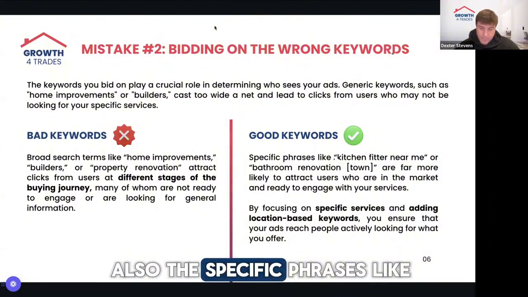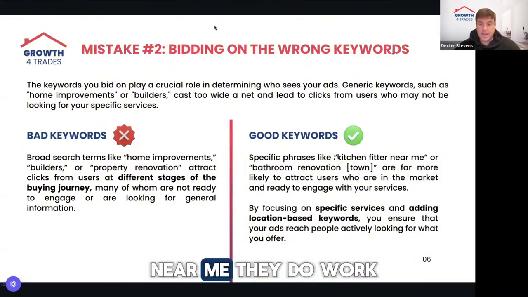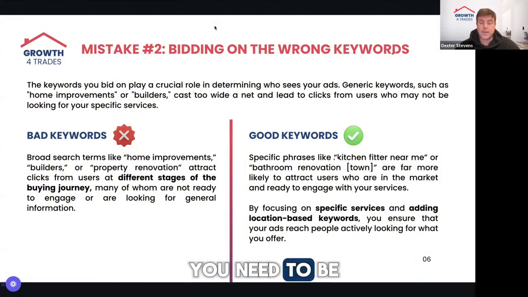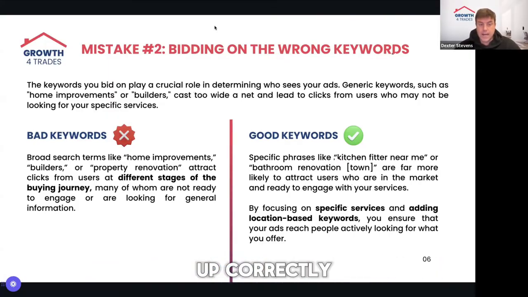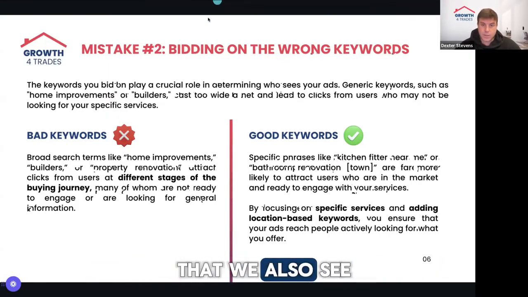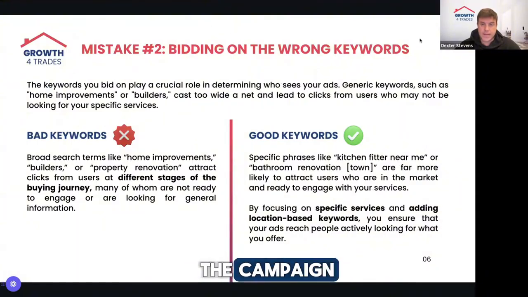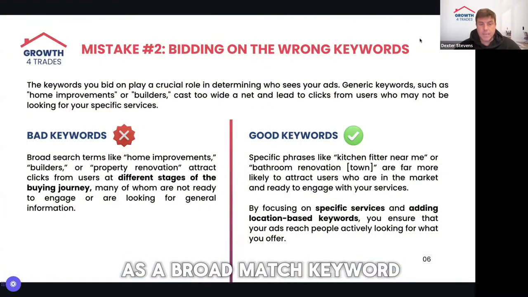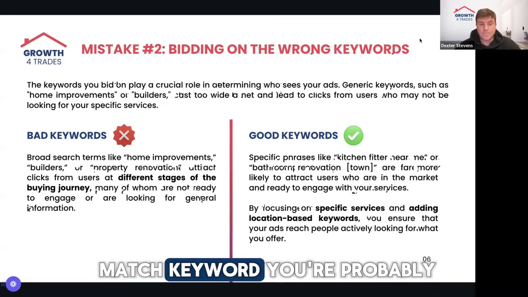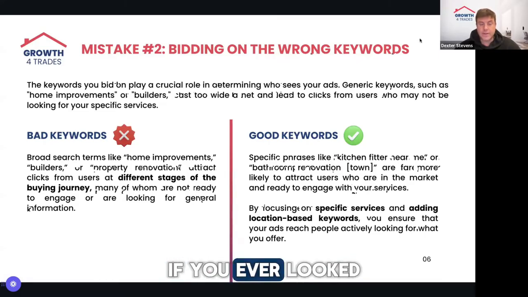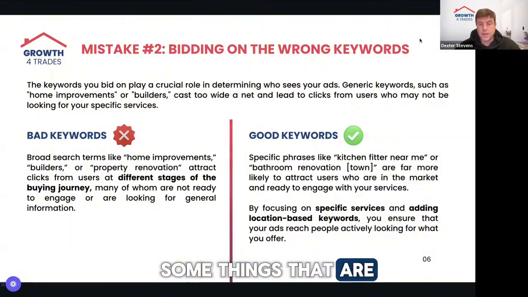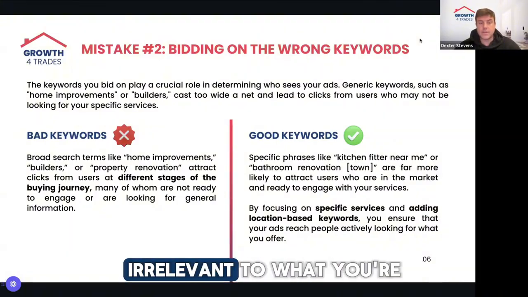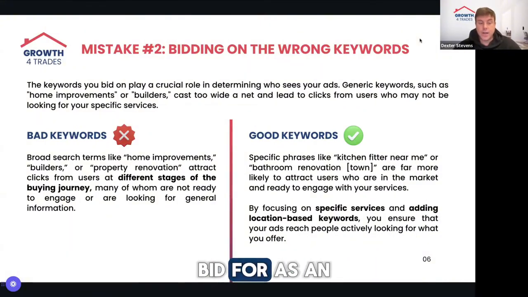Also, specific phrases like "near me" do work, but again, you need to make sure that your locations and everything are set up correctly. Another common mistake that we also see is people setting up the campaign as a broad match keyword. If you've ever set up that campaign inside Google, you come up for things that are sometimes totally irrelevant to what you're trying to bid for.